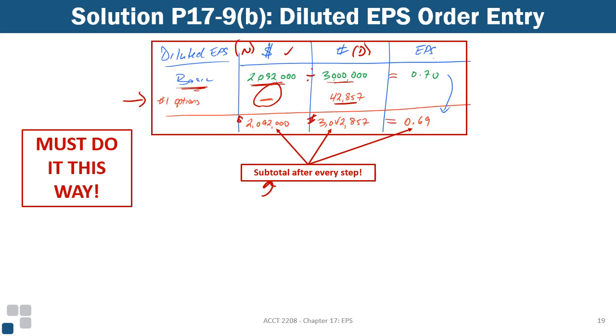The reason we have to do that is now we compare the next ranked item, the 4% bonds, and compare its per share impact to the subtotal. If you don't create the subtotals, you won't get the order right, and you won't be able to determine if something becomes anti-dilutive. So pay attention as we progress through this.